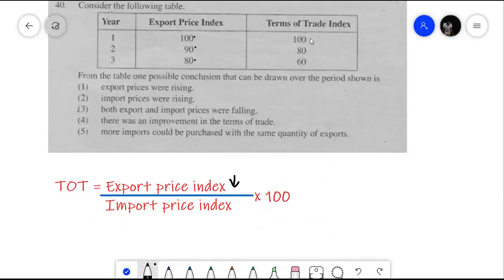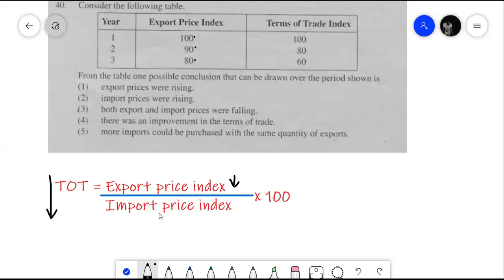Can you tell me by a greater proportion or by a lower proportion compared to the export price index? The terms of trade. This is going 190, 80. This is going 180, 60. It's falling by a greater proportion. It's falling a lot. So what do you think would have been the reason, guys? Right? Look at the equation itself. This numerator is falling, but this answer is falling even more.